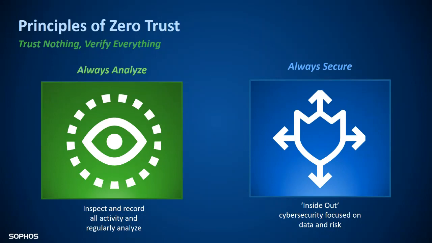The last is always secure. Use an inside-out approach to cybersecurity. We should be focusing on our most important data and working our way out, identifying points of vulnerability along our data's journey within our network from the moment it's created until the moment it's destroyed. Always consider risk above all else, over compliance or regulation.